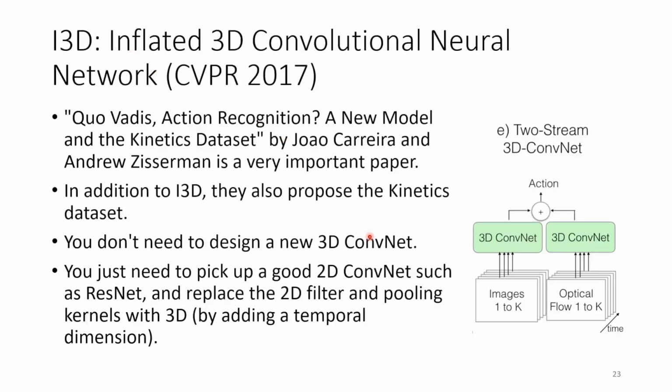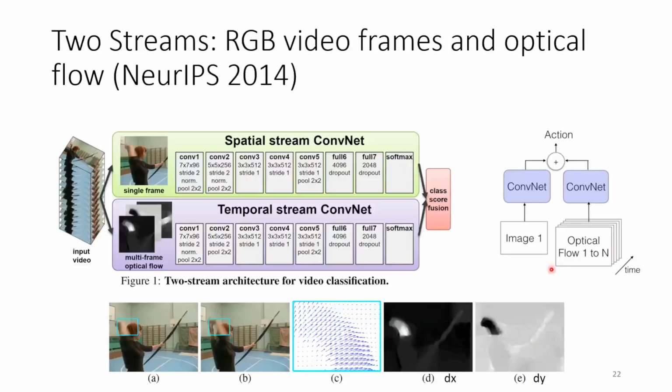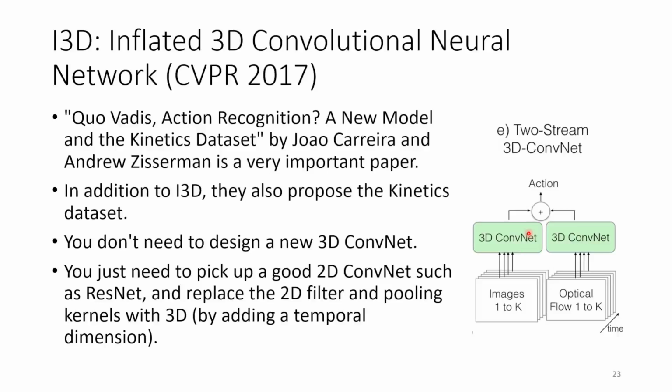The idea is, suppose you have a good two-dimensional convolutional neural network to extract the feature for a single frame. So what is I3D? In I3D, the I is inflated 3D convolution. How do you use the idea for multiple frames? Easy. Just apply the good 2D convolutional network to many consecutive frames together.